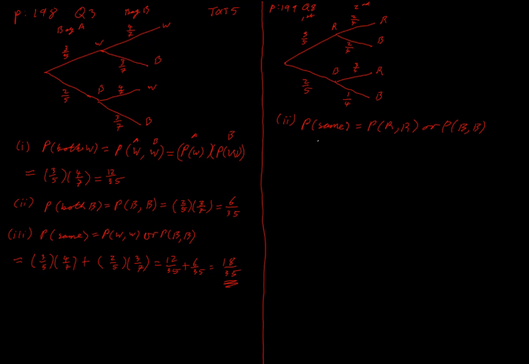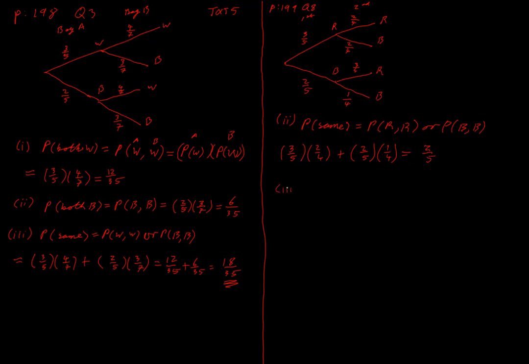So we would have the probability of getting a red the first time, which is 3 out of 5, multiplied by 2 out of 4. Or means plus. Probability of getting a blue the first time is 2 out of 5 multiplied by the probability of getting a blue a second time, which is 1 out of 4. And when we add that up, we get 2/5.